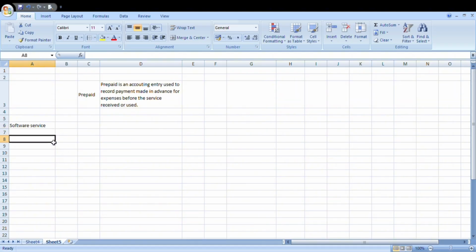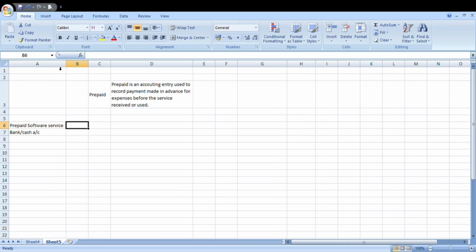So what we'll do here, we'll make the entry. First we pay the software payment, that is prepaid software service to bank or cash account. We are making the payment first.